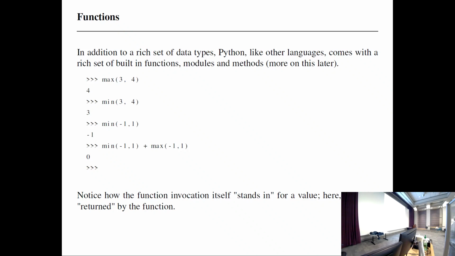So when Python evaluates this expression, in a sense, it evaluates it from the inside out. It first evaluates the min. To evaluate the min, it needs to evaluate the first operand, then the second operand, and then it evaluates min and comes up with a result. Does the same thing for max, and only when it's done all that can it add them together to get our final result. Okay, are we clear on the way function evaluation works?